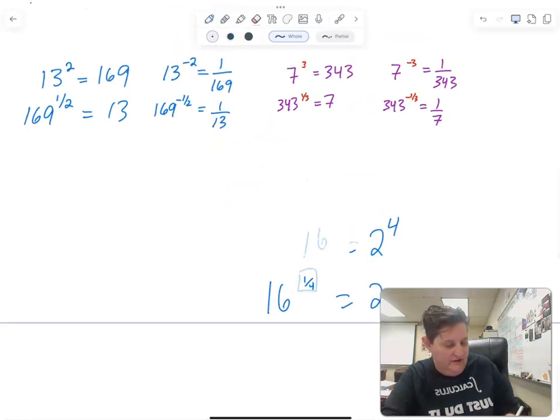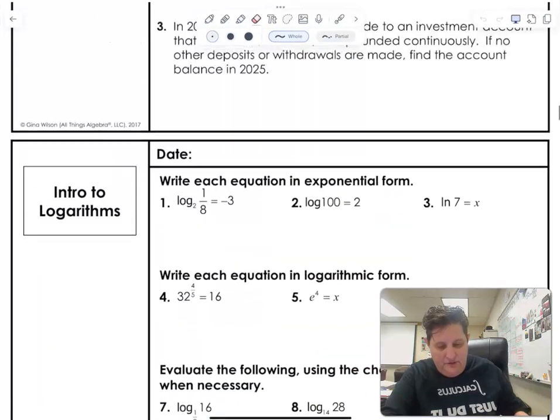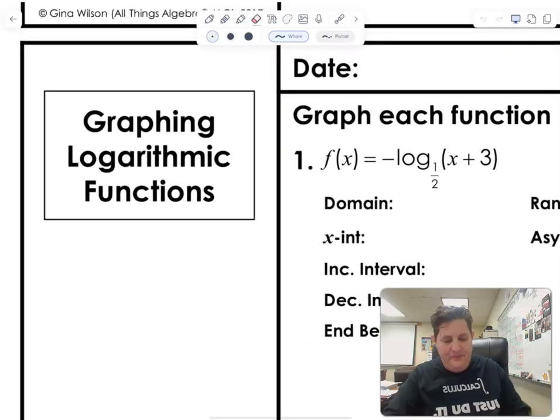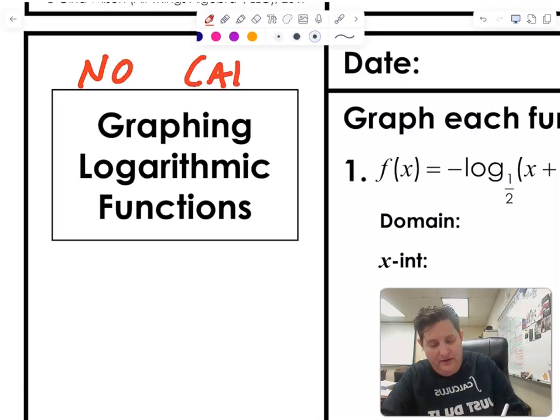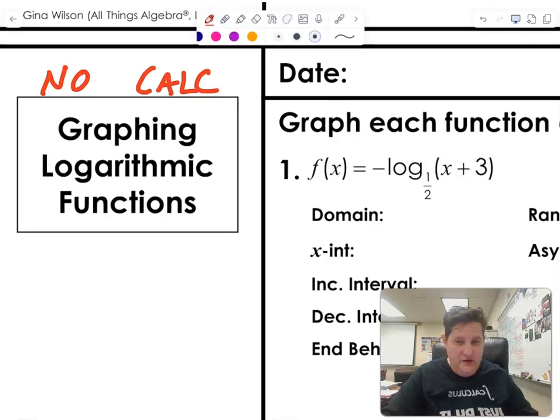All right, so you're going to start off with a bunch of questions like that. Okay, and then I'm going to go through this review backwards, I think, a little bit, because the graphing part is also going to be on the no calculator part of the test, the same as what we were just going through there.